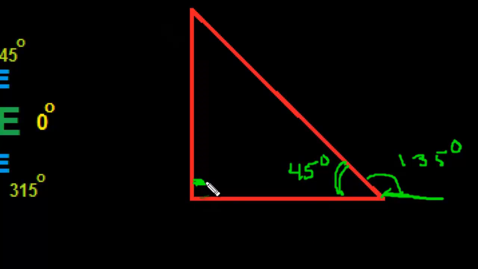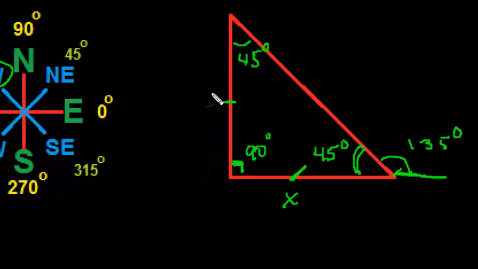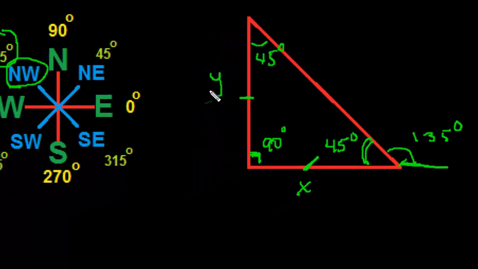Since this is a right triangle, that means this is 90 degrees, and this would be 45 degrees as well. What that really means is this side of the triangle equals this side of the triangle. This is in the x direction and this is in the y direction.